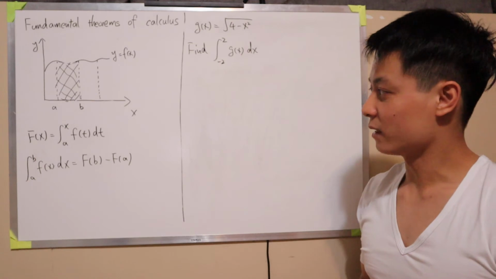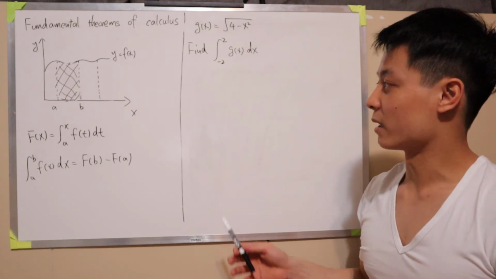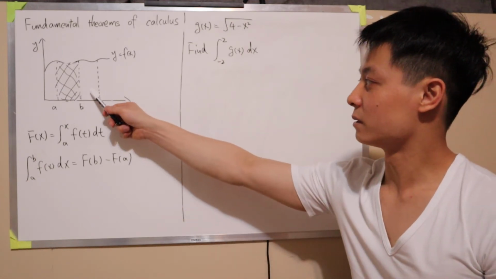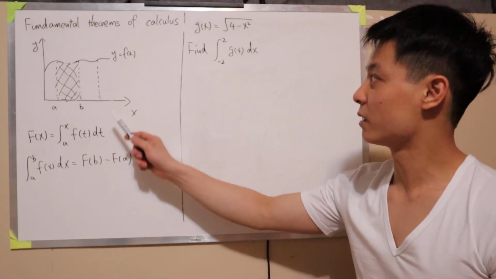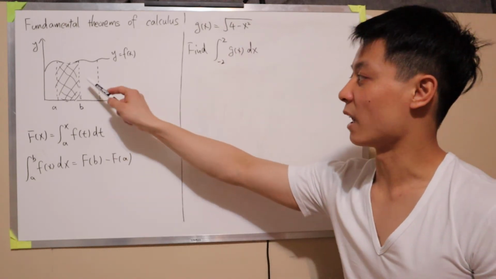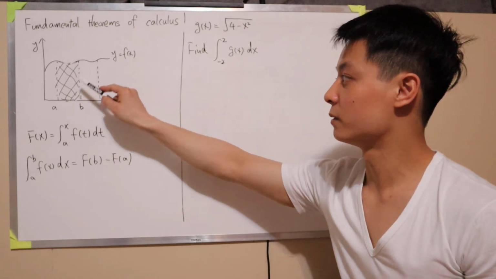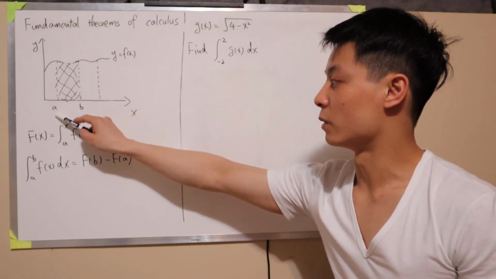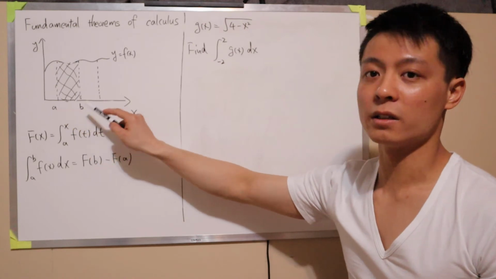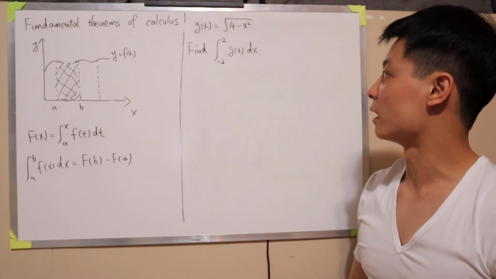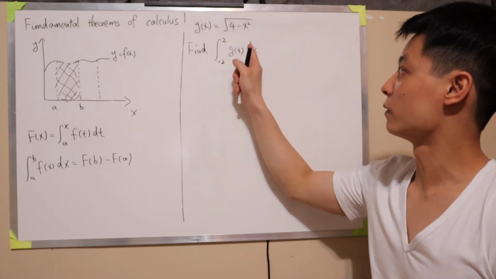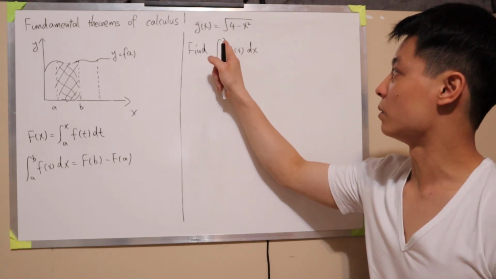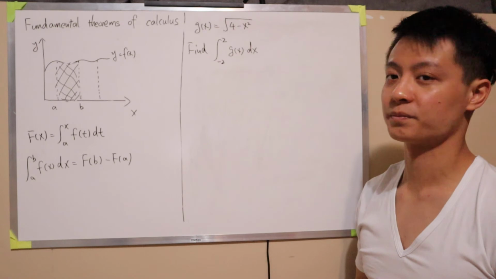So that will let us think about the original definition, right? Which is, this thing means the area under the curve from the interval a to b. So we are gonna think of the area enclosed by this curve from -2 to 2.